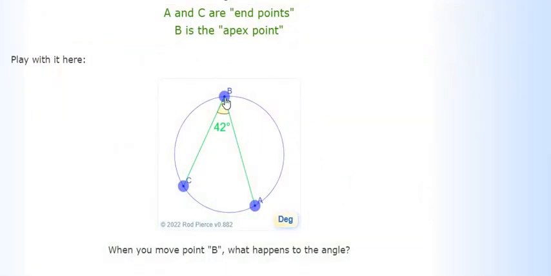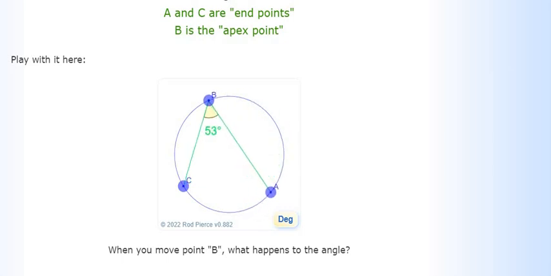Okay, now another thing, let me show you from here. Look at this, girls. If the angle is standing on the same arc, I'm not changing the size of the arc. This is the size of the arc AC. I'm moving point B anywhere on the circumference of the circle. You can see the size of the angle is not changing, it's 42. If I bring it over here, here, here.